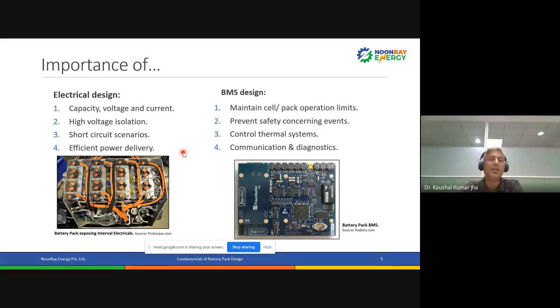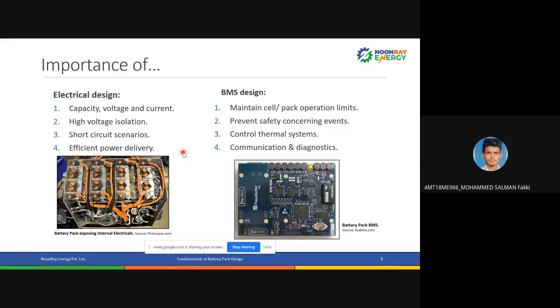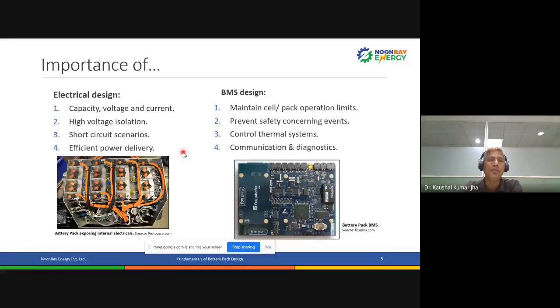If the short circuit scenario is of longer duration, localized melting of bus bars, and even melting of the cells, can take place. Another important point to look at in electrical design is efficient power delivery.